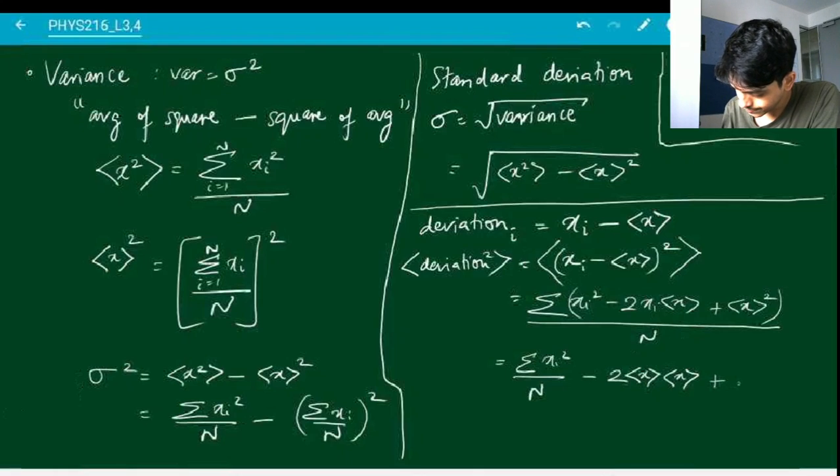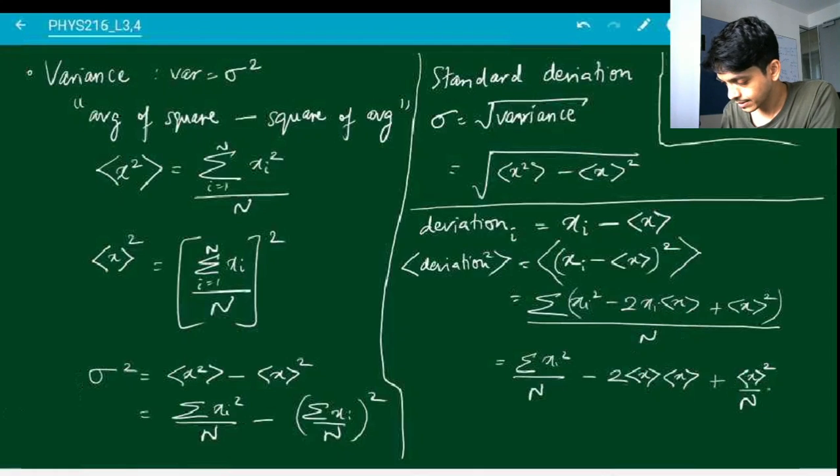And over here again the average is just some constant which comes out, and you're left with the summation of 1 from 1 to n, which is just n.